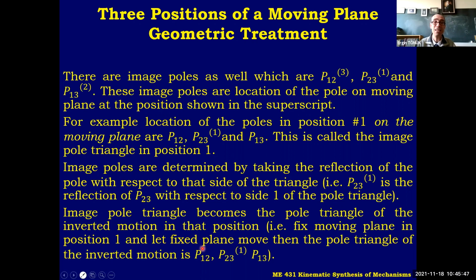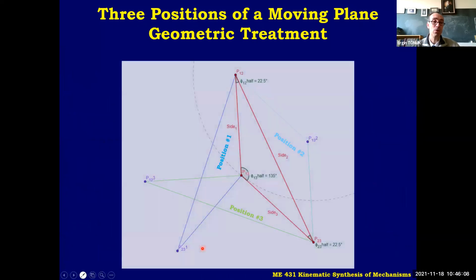So you can select the fixed pivot where you like, and you will find the corresponding moving pivot for the inverted motion. That's why it's important.